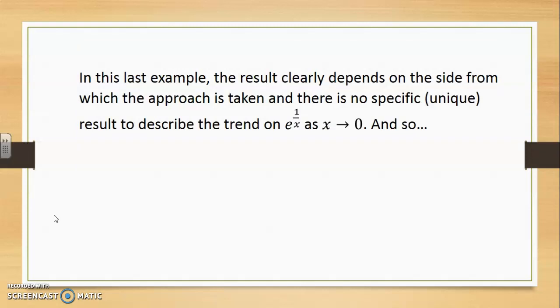In this last example, the result clearly depends on the side from which the approach is taken, and there is no specific result to describe the trend of e to the 1 over x as x approaches 0. Therefore, we have to say that the limit as x approaches 0 of e to the 1 over x is undefined.